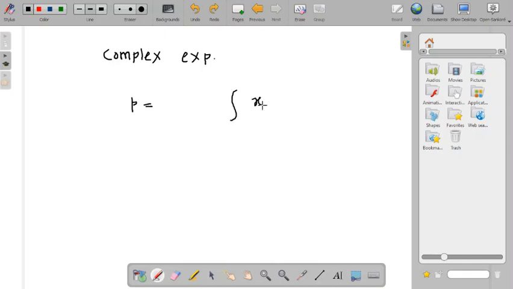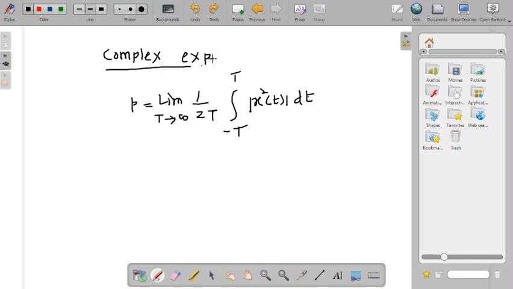Instead of simply squaring x as x square t, we will take the mod of it, because a complex signal may have positive as well as negative values, and then we put the limits of integration. Rest all the things are the same. So we have to remember this special condition for a complex exponential signal: when the signal is a complex exponential, we have to take the mod value of the signal.